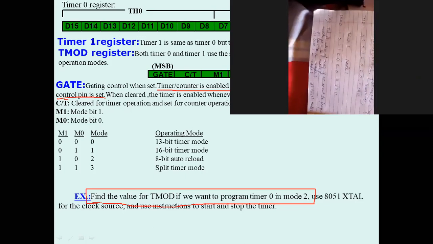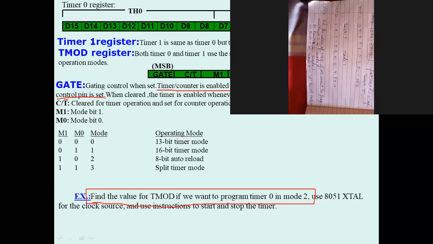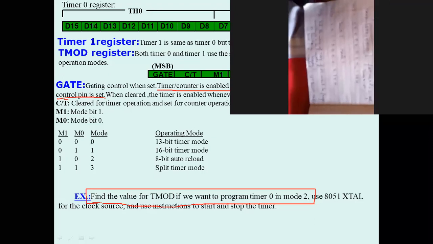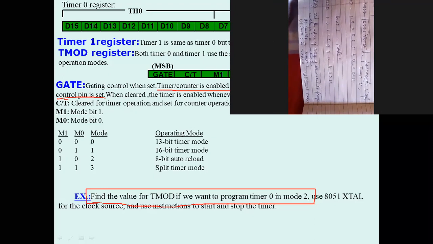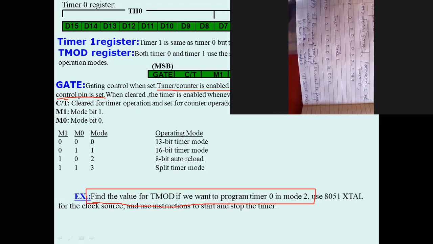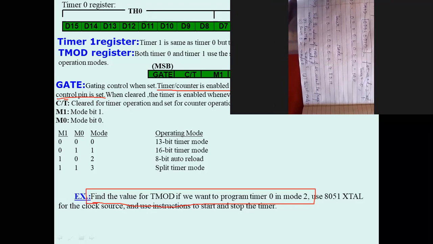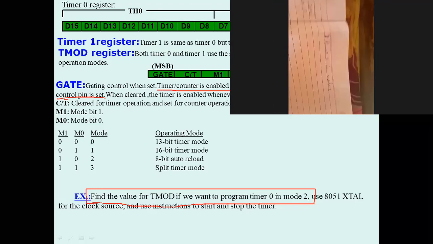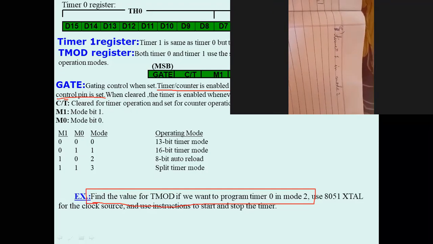Timer 1 in mode 3, timer 0 in mode 0, timer 1 in mode 0, and the last one, timer 1 in mode 2.